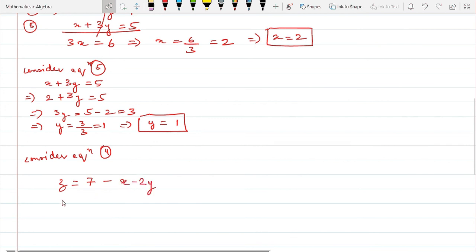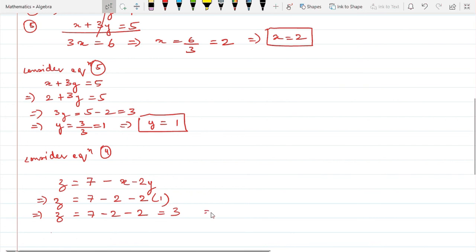Now x is equal to 2, so z will be equal to 7 minus 2 minus 2 into what is y? y is 1. So z is equal to 7 minus 2 minus 2, which is 7 minus 2 is 5, minus 2 is 3. So the final variable is z is equal to 3.